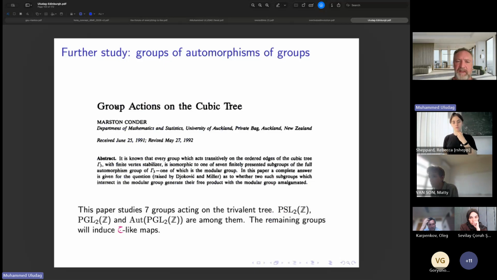And we have quite a classical paper by Marston Conder concerning group actions on the cubic tree. And there are, besides the automorphism extension of the modular group, 4 other groups which may be interesting from this point of view.